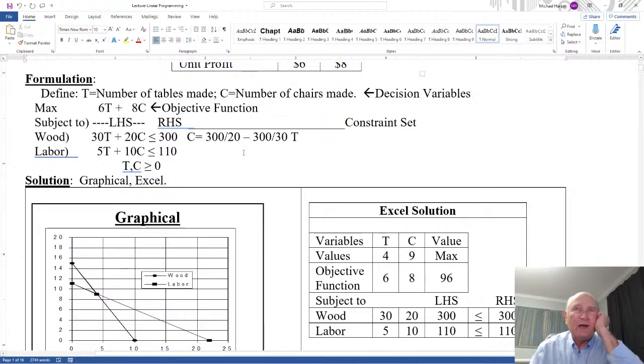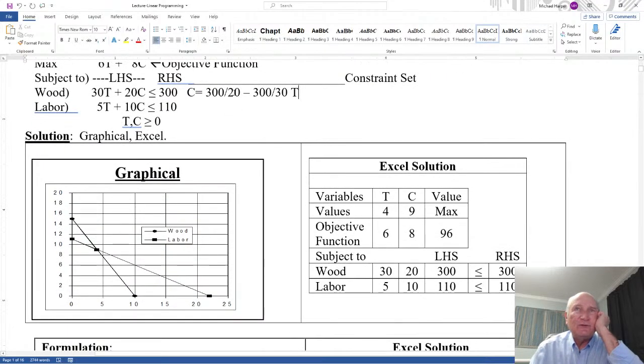Okay, so right here, 300 over 20 is 15, right? So if t is 0, if I make zero tables, then how many chairs can I make? Well, 20 into 300 is 15. So I can make 15 chairs right here. With 0 tables, I can make 15 chairs with my 300 board feet of wood.